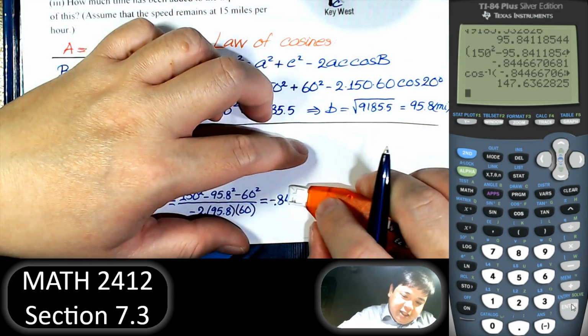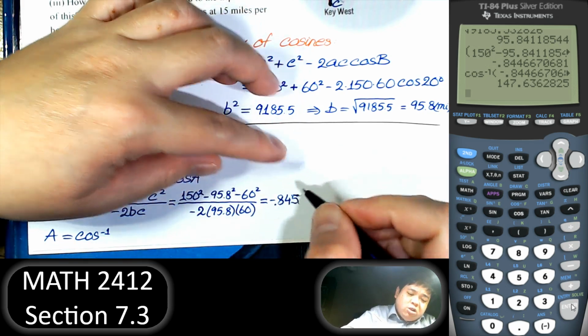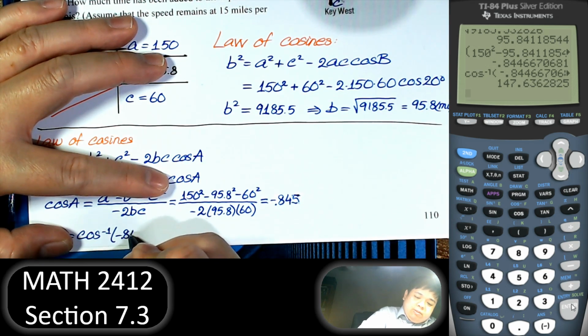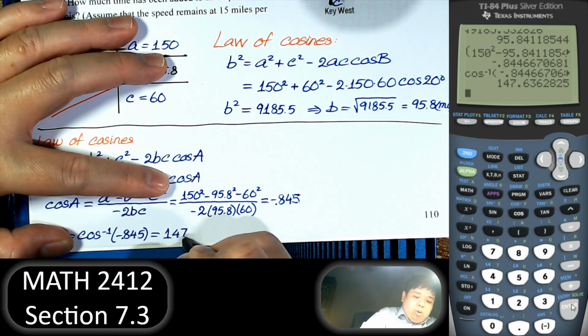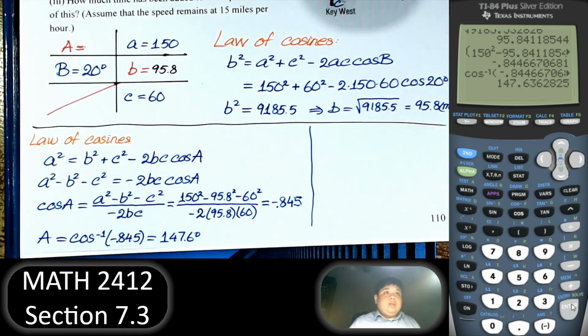Sorry. When we use the law of cosines to find the angle, it's straightforward. 147.6 degrees. Looks reasonable.